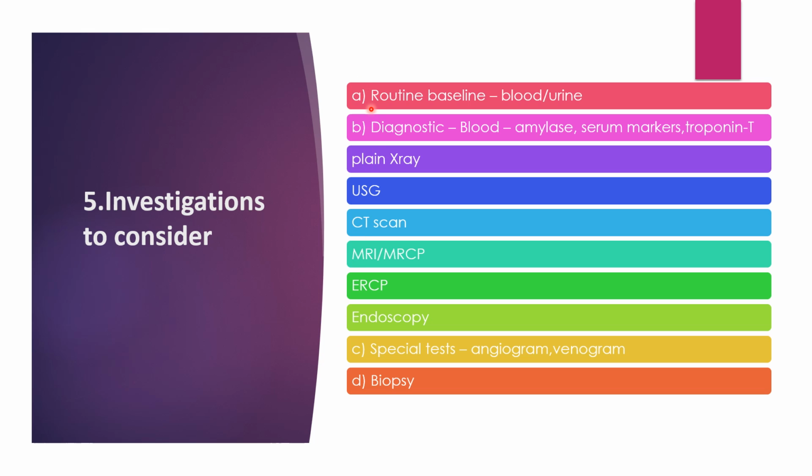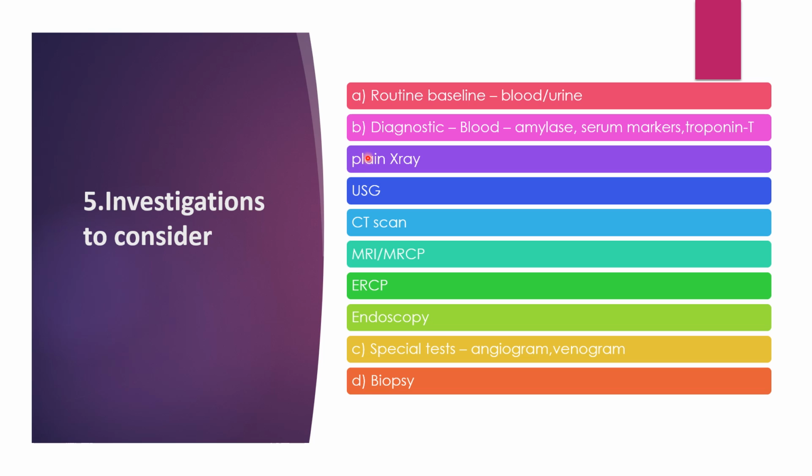The investigations can be classed into, A, routine or baseline investigations, usually of the blood and urine. The second is diagnostic blood tests or urine tests that can clinch the diagnosis in certain patients. For example, amylase for acute pancreatitis and troponin T for myocardial infarction, and some serum markers for the various cancers that we have.